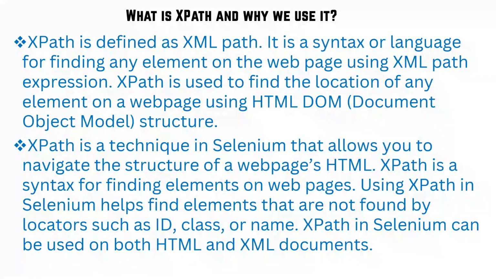Mostly they are the same, but CSS is faster and more straightforward to use. But with XPath you can traverse from parent to child and child to parent, but with CSS you can only traverse from parent to child, not from child to parent. And CSS supports starts-with, ends-with, contains, whereas XPath supports starts-with and contains, not the ends-with part. XPath supports text, but CSS does not support text.